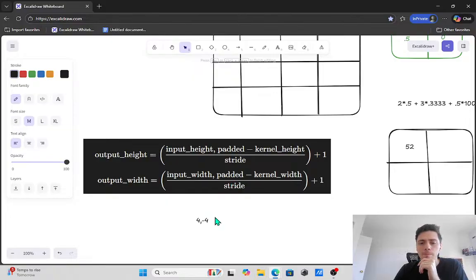Oh, minus 2. I'm an idiot. Because the size of the image was 4, the size of the kernel was 2. So this would be 2 divided by stride, which is 2, plus 1, which equals 2. So by comma, I think they just meant plus. Okay, not bad.